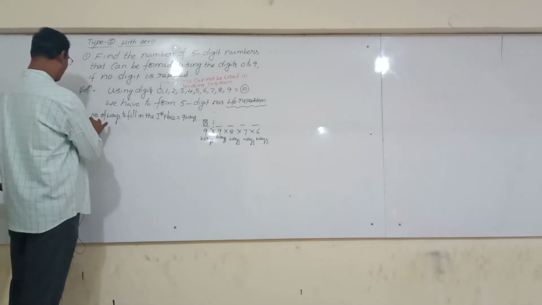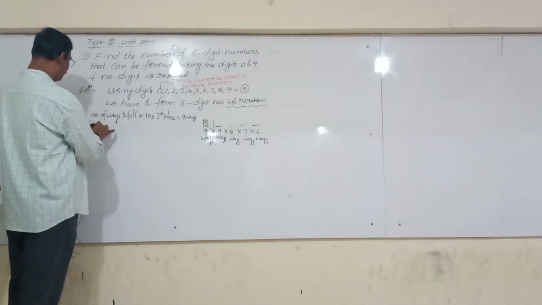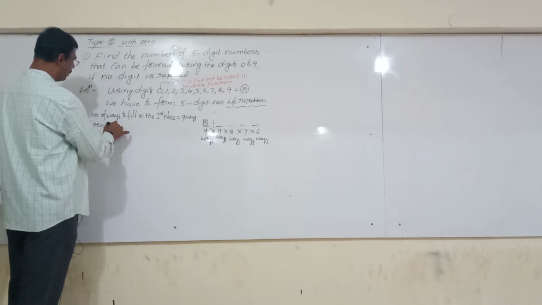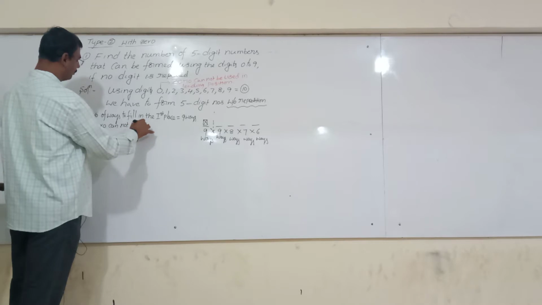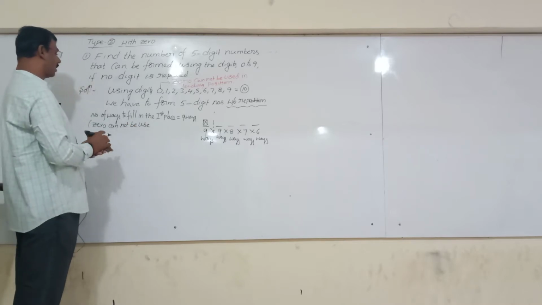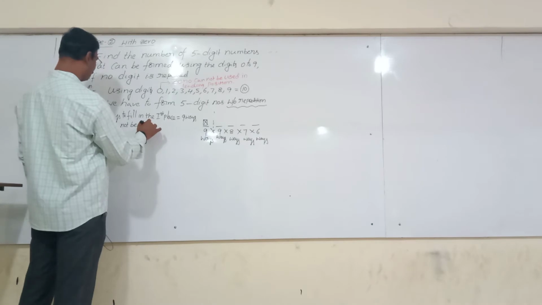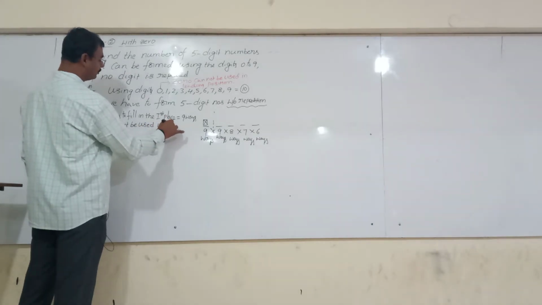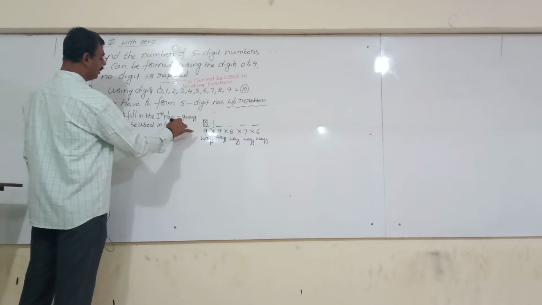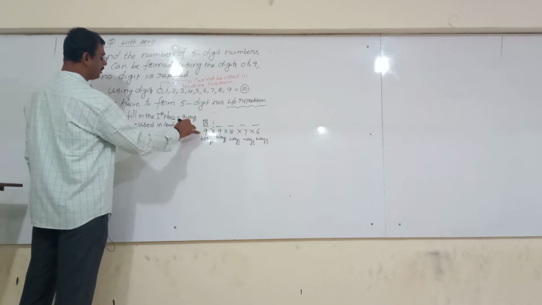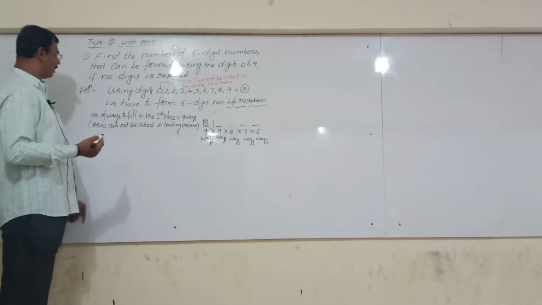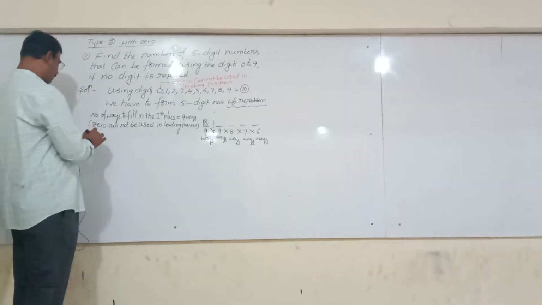So here within brackets, 0 cannot be used. 0 cannot be used in the leading position, the first place.